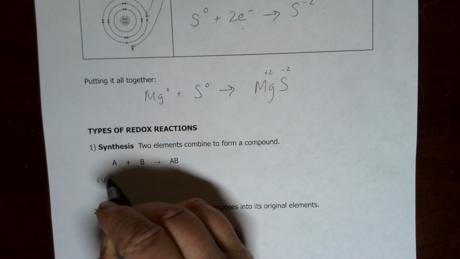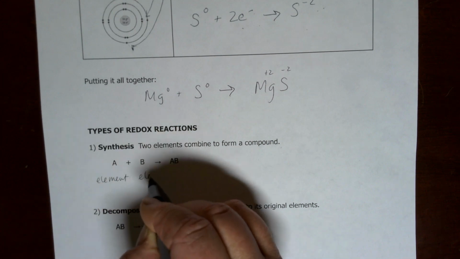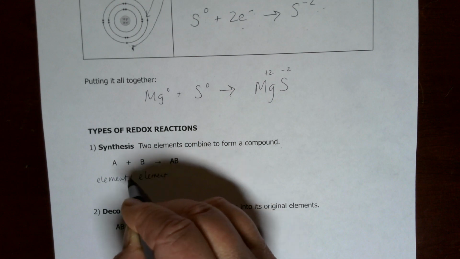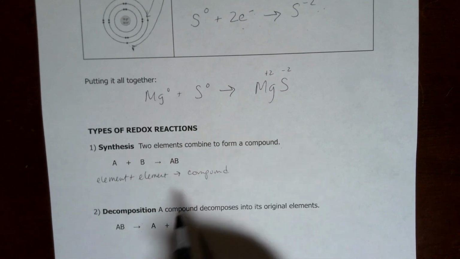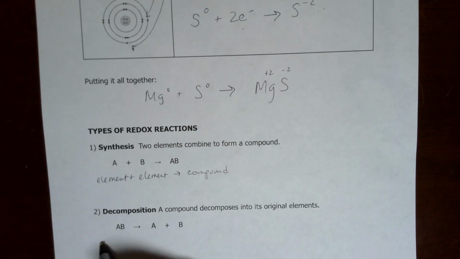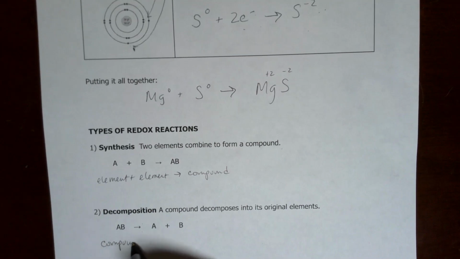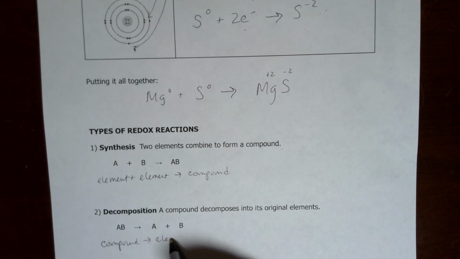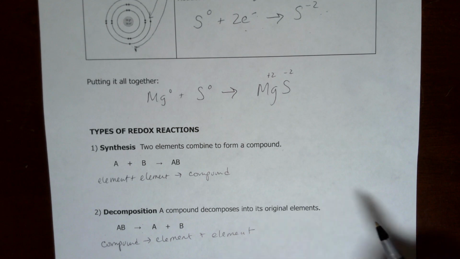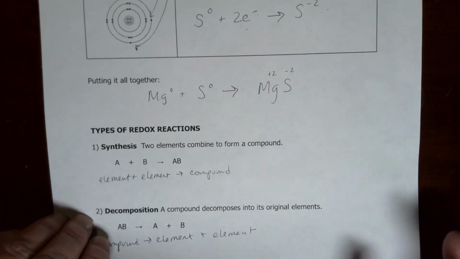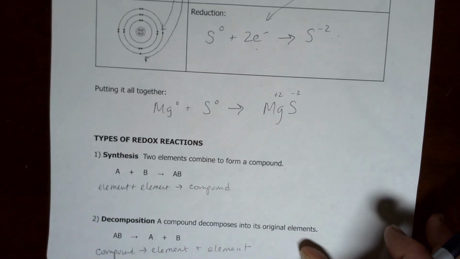So element plus element turns into a compound. Decomposition, you have a compound turning into its component element and its other component element. Okay. These are redox reactions.